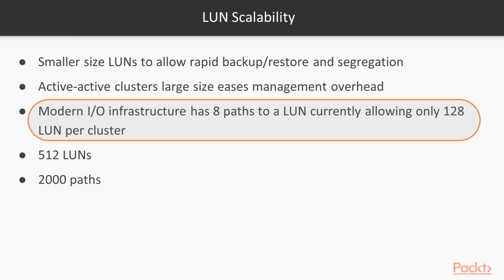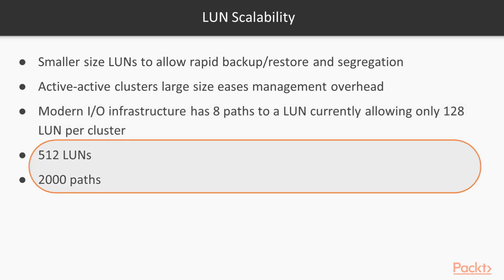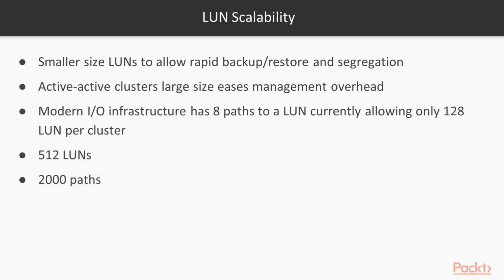You now have the ability to have 512 LUNs and 2000 paths. So to cater for the extra demand on storage that is almost a certainty with modern applications, the scalability enhancements that LUN scalability provides in vSphere 6.5 are very meaningful.